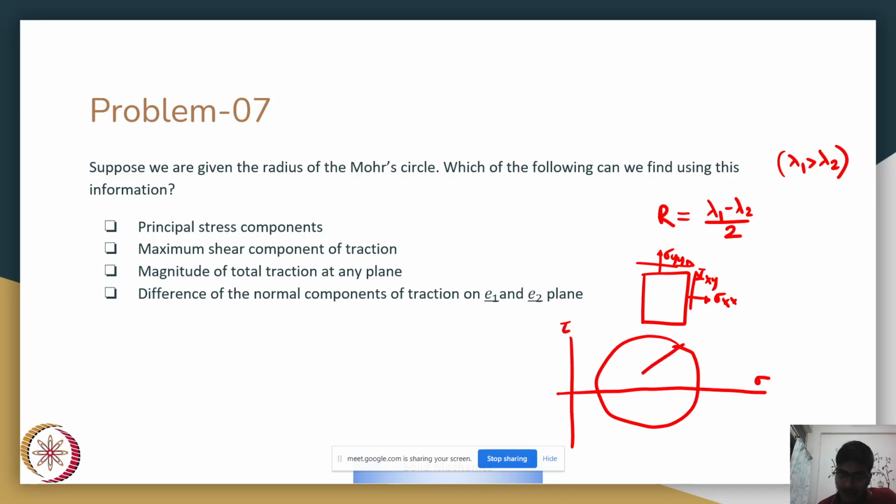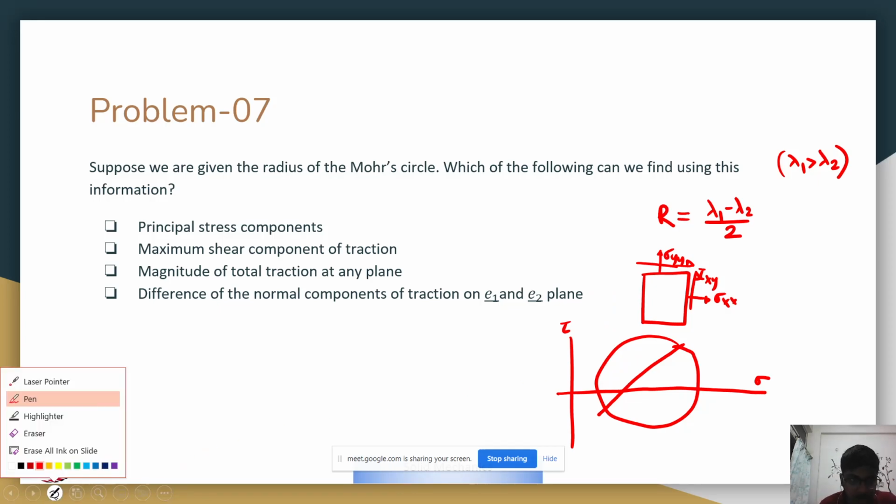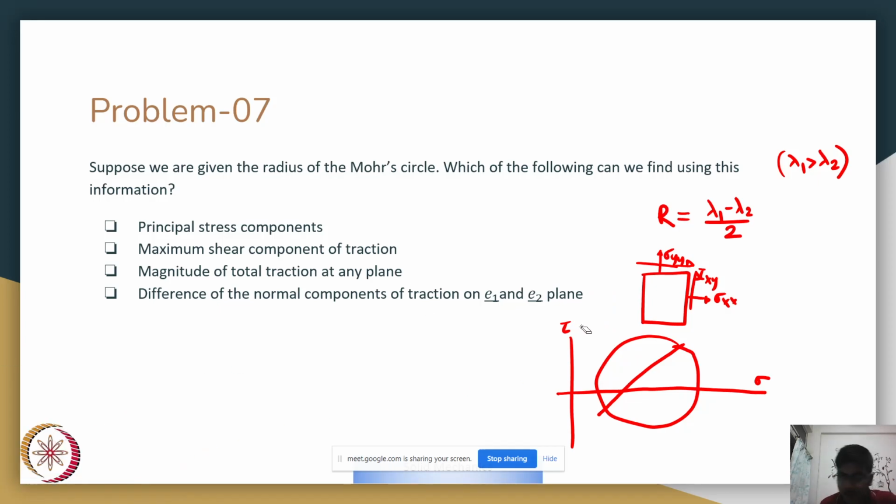So we'll have something like this. This is your R. This is sigma xx comma tau xy.